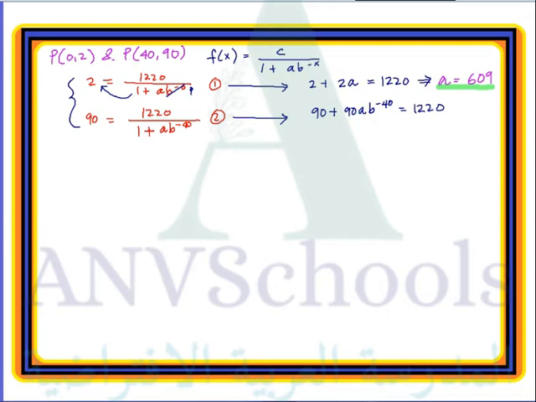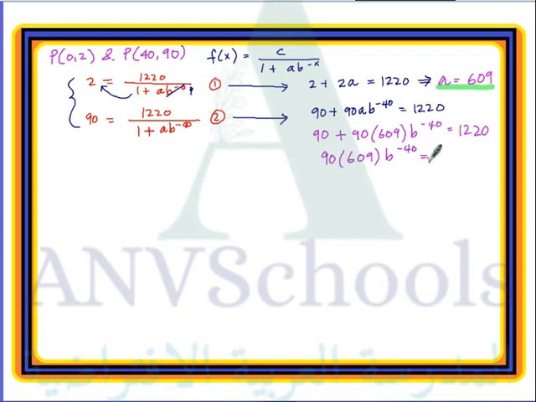So my a is 609, therefore I will have 90 plus 90 times 609 b to the negative 40 is equal to 1220.